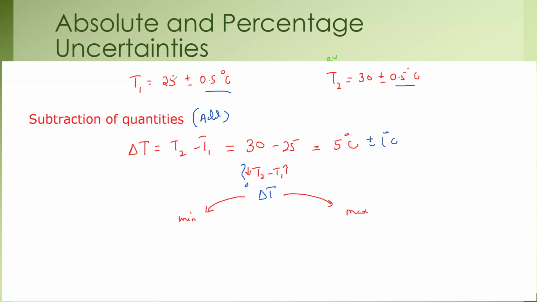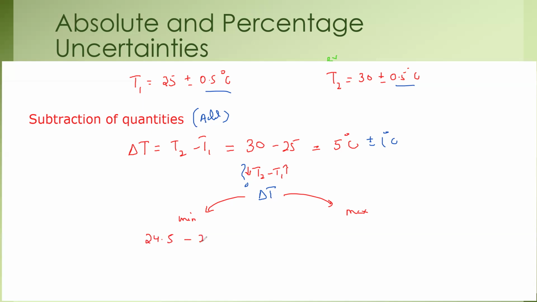So what could be the values from 25 plus or minus 0.5? What could be the maximum value of T1?